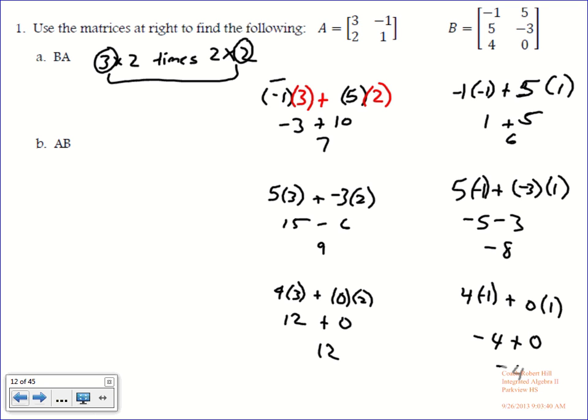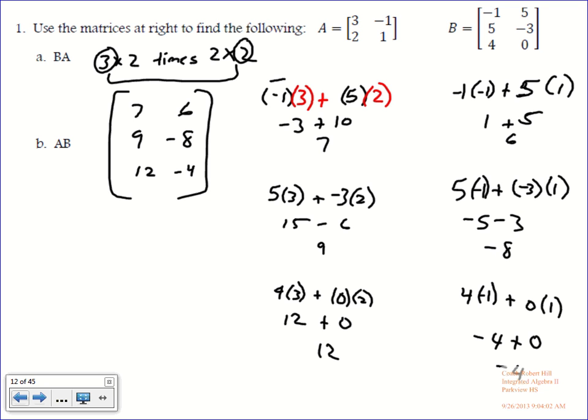My answer is therefore this matrix: 7, 6, 9, -8, 12, -4. Time doesn't allow me here to work through that. Somebody work that? That's right. Okay, so boom, there we go.